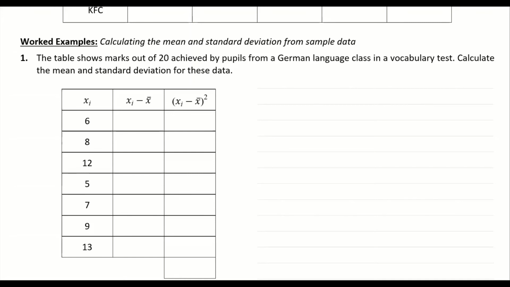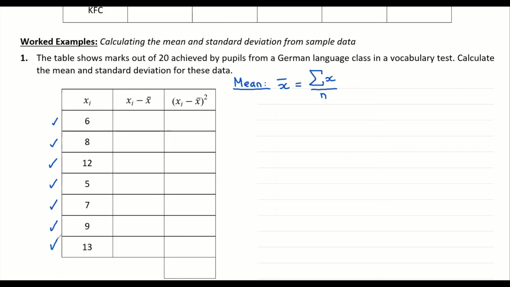All right, so the first thing is we're going to calculate the mean of these data. So the mean, and remember we've got our new notation here, X bar. X bar is the sum of all your X data, so capital sigma, divided by n. So we just need to add up all the data points. If I just count them, we've got 1, 2, 3, 4, 5, 6, 7 numbers.